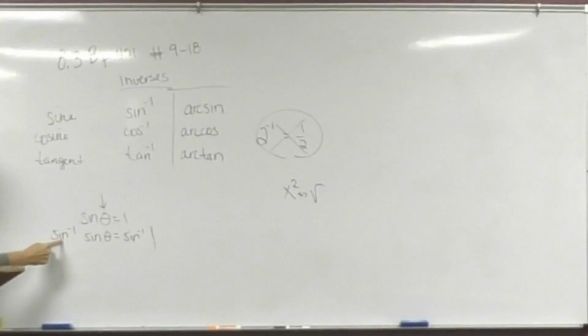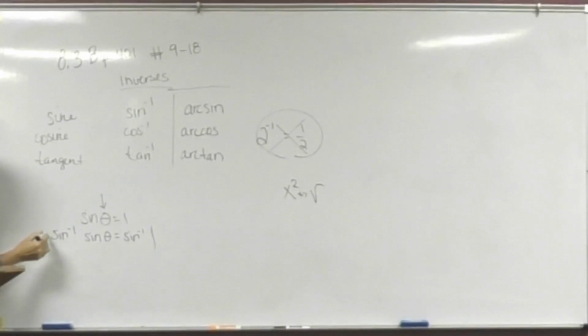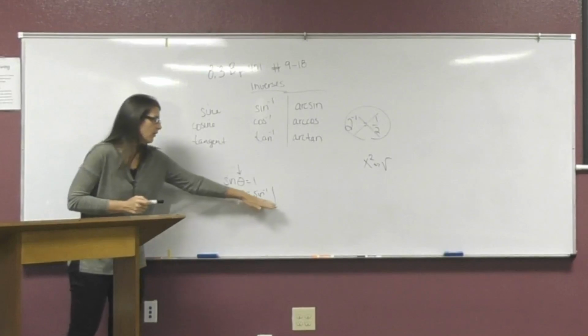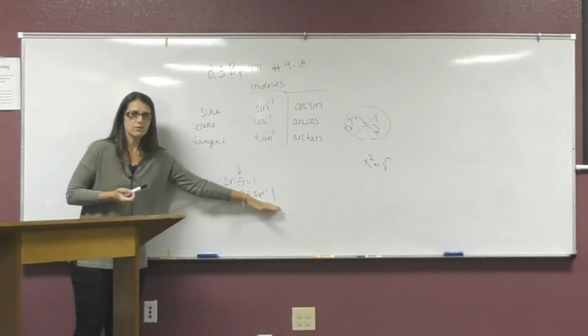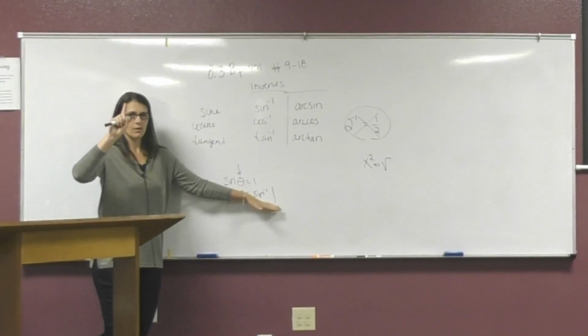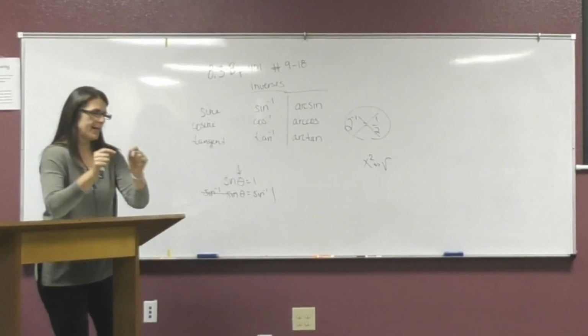I do the inverse, and I do it to both sides, okay? So this just takes all of that away. This undoes this, leaving me with just theta, okay? Now, this is the inverse of sine of 1. So that's what we're going to work with on our calculators today, okay?